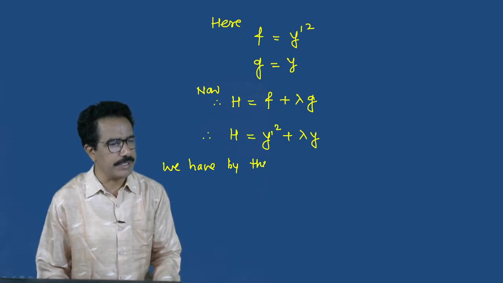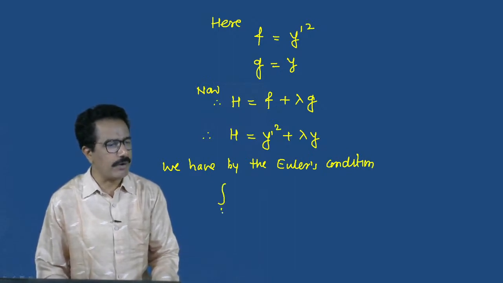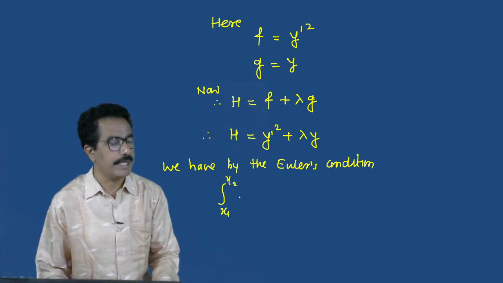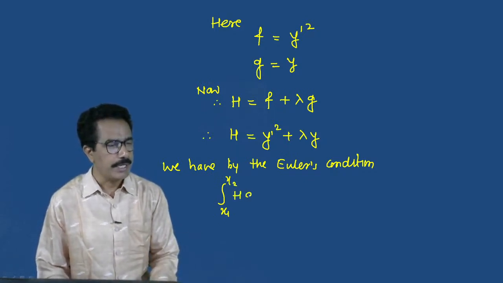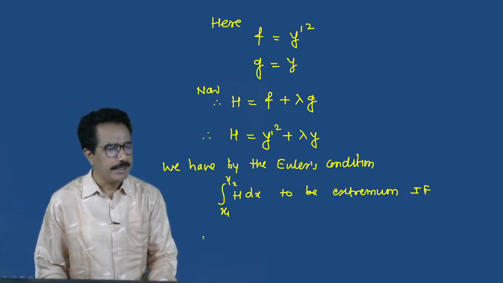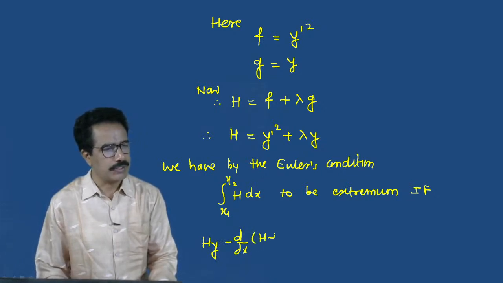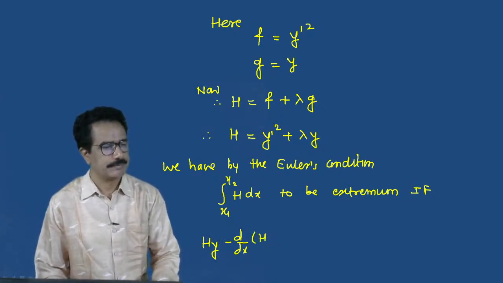By the Euler's condition, the integral from x1 to x2 of h dx is an extremum if the condition is hy minus d by dx of hy dash, which is equal to 0.